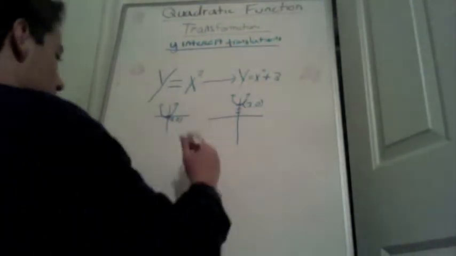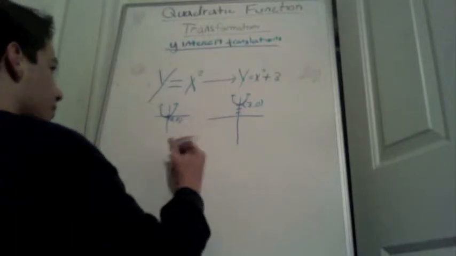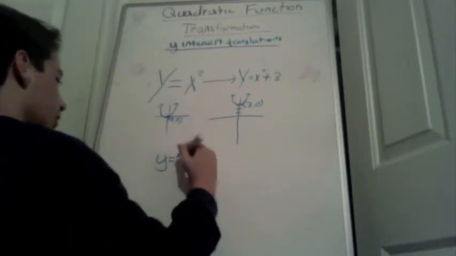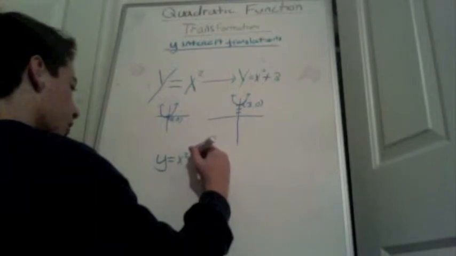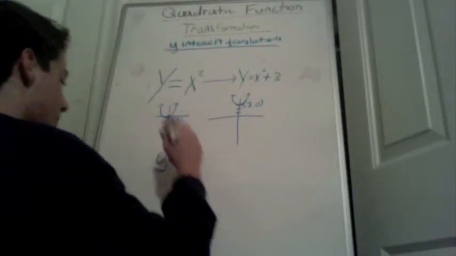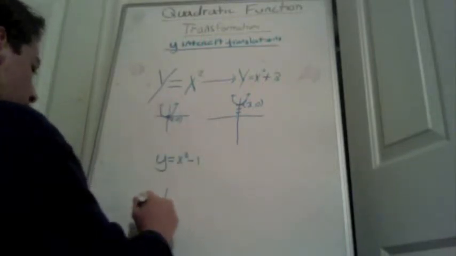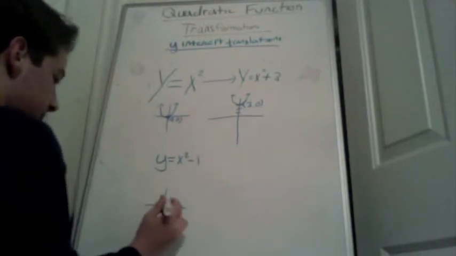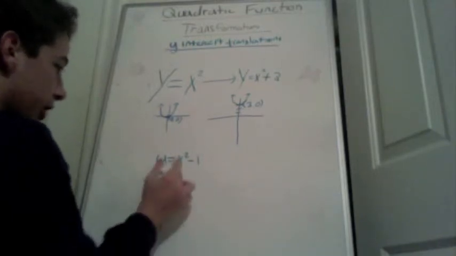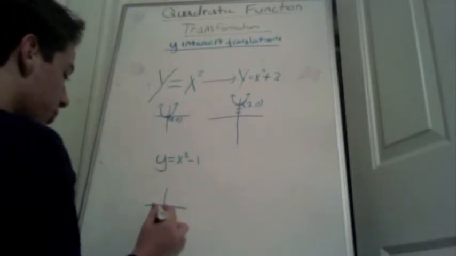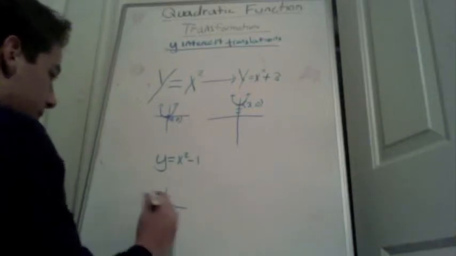Let's do another example. So let's say we have y equals x squared minus 1. Draw our same parabola. And this time we're going down 1, so we'll do 1 right there.